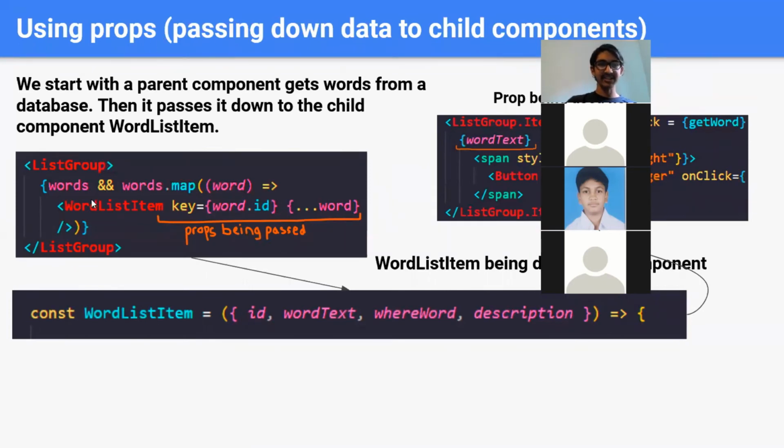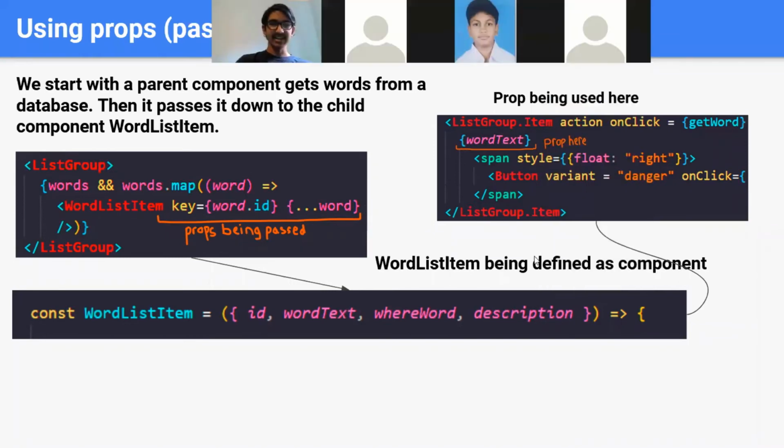In this case, the child component is called word list item. As you can see here, where it says props being passed, it takes all of those and puts them inside word list items. Then I define the function for that actual component.